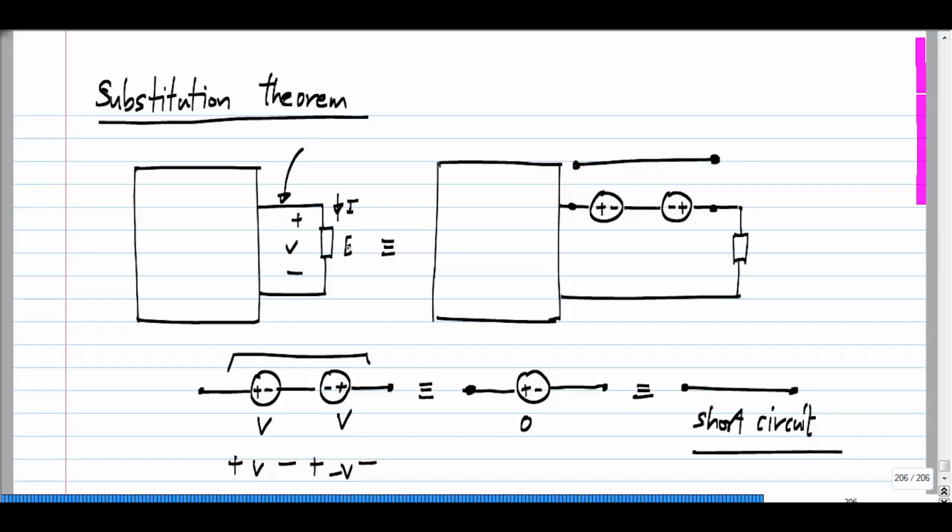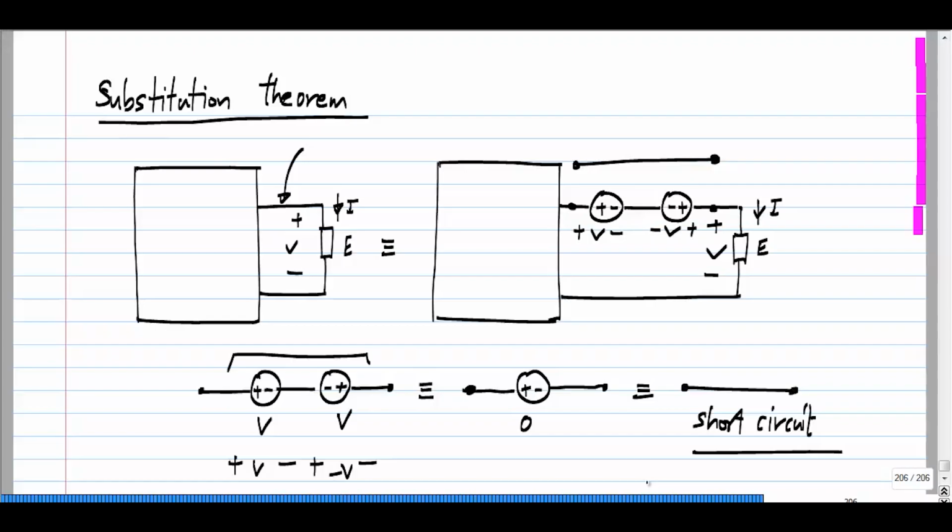So, this whole circuit is exactly equivalent to what we had earlier, with this element E carrying a current I and having a voltage V across it. Now, this itself is V and this is also V with the other polarity.